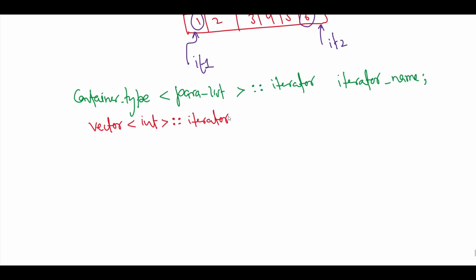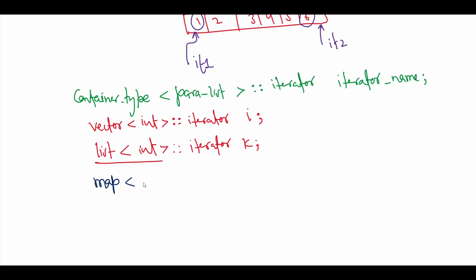Similarly, when you are creating an iterator with a name of your choice, maybe i in this case, here I am naming an iterator i, which is an iterator to a vector of integers. Similarly, here we are creating an iterator named k to a list of integers, right? Similarly, you can create an iterator named something else to a map of integers.